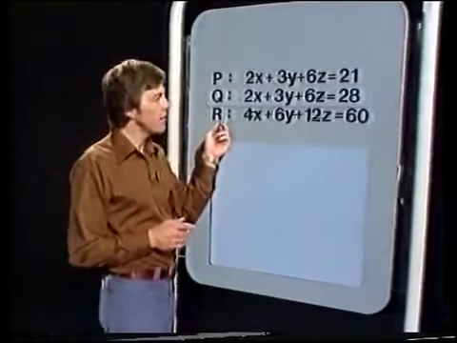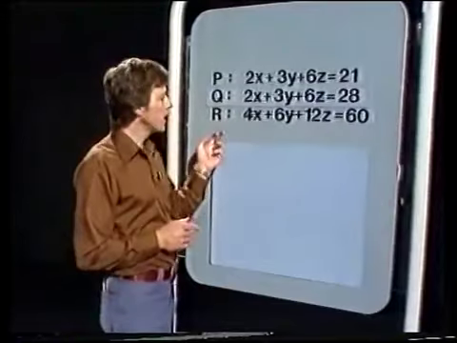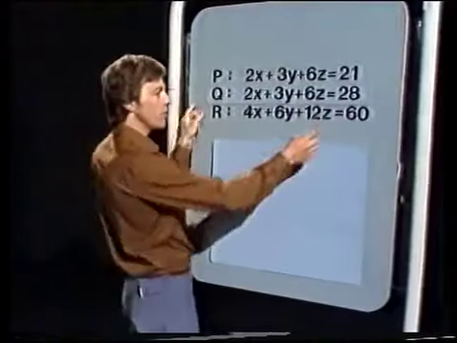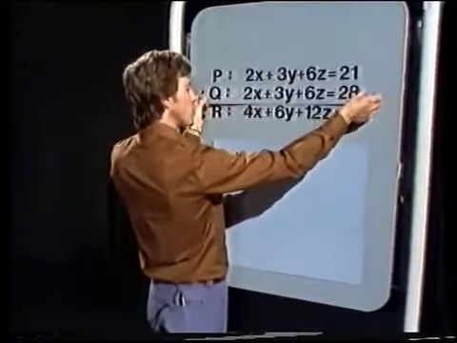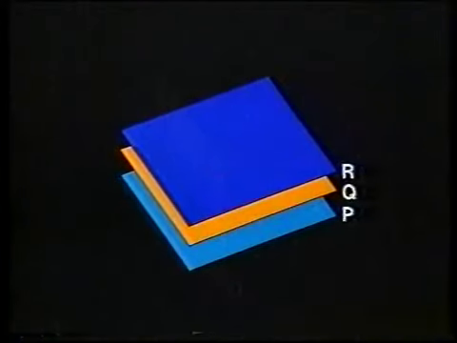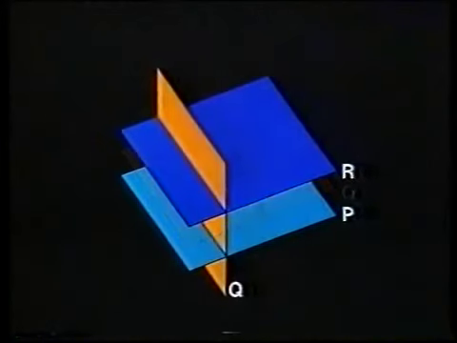Let's see if we can get a solution by changing another one of these planes. Let's change this equation Q to see if we can get a solution. Let's have a look at that one. This time, you see, Q is not parallel to P or R. But although this time Q is not parallel to either P or R, there's still no solution, because there's still no point common to each plane.